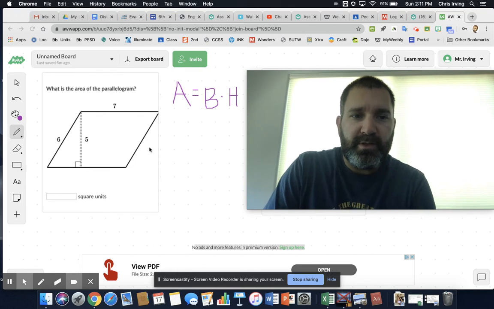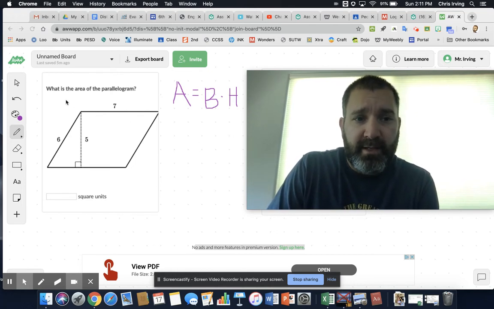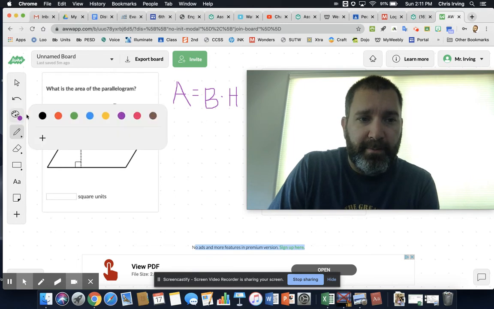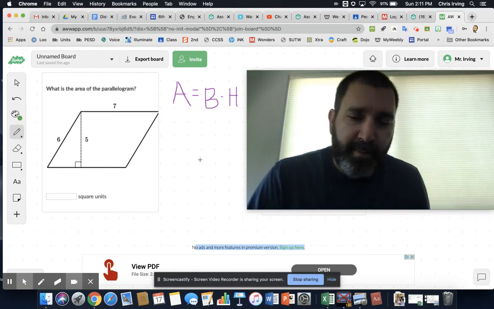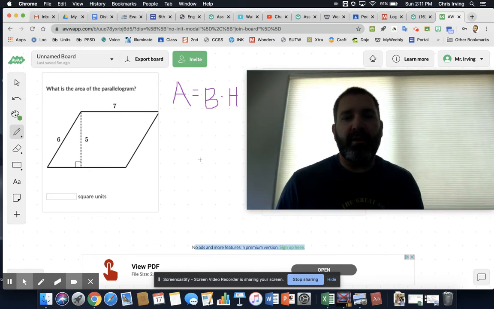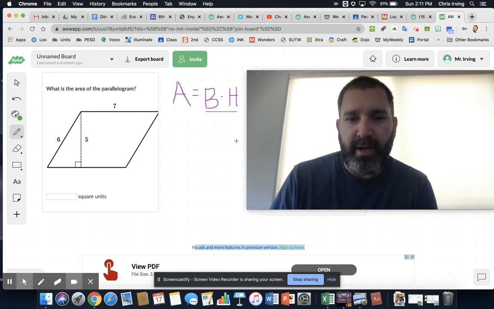This question is very straightforward. It's asking us for the area of a parallelogram. In the last video, you learned that the area of a parallelogram can be found by multiplying the base times height. I've got that in the formula right here. Base times height will give you the area.